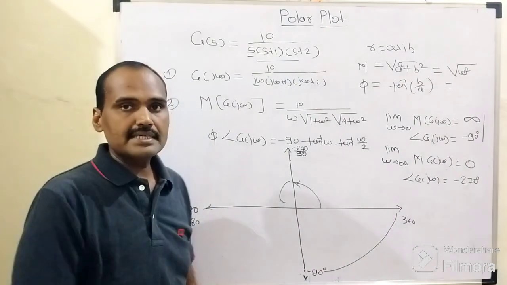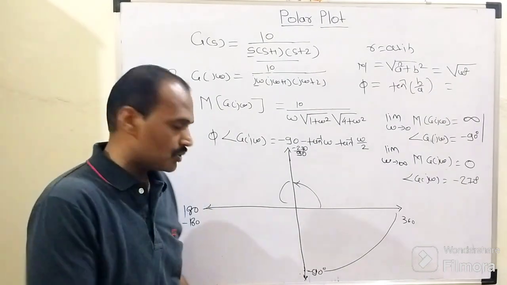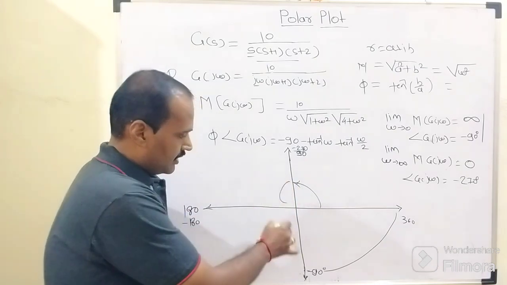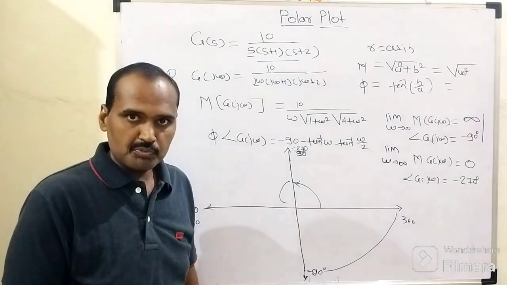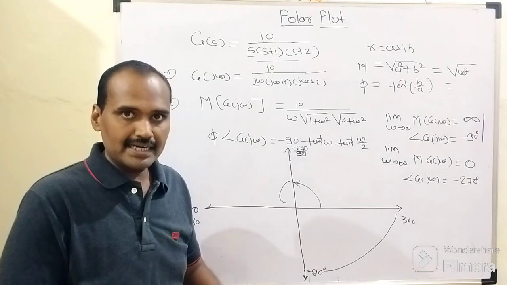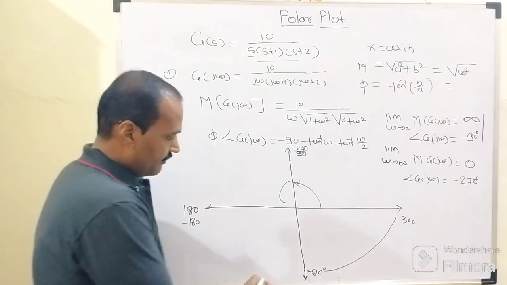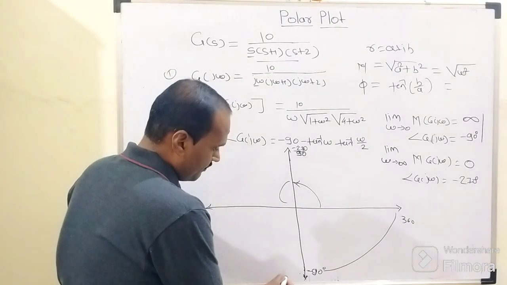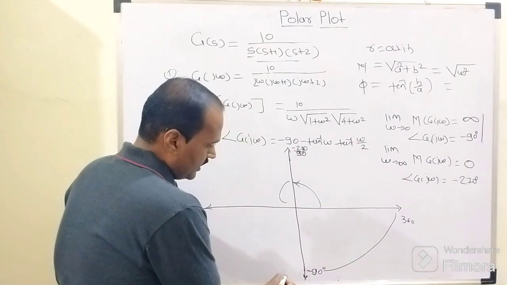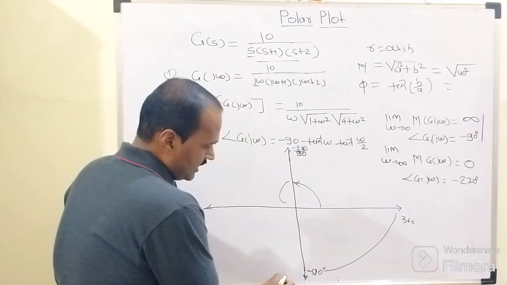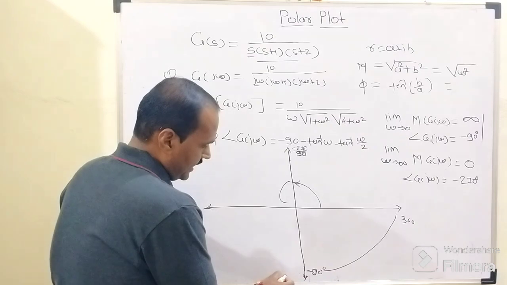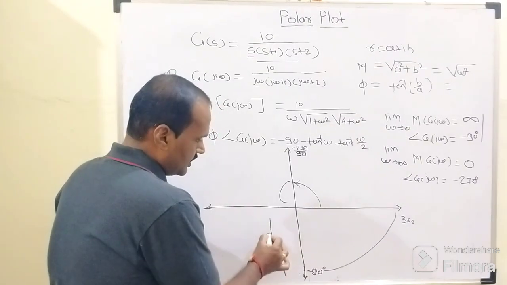But as we know, this is a type 1 order 3 system, so obviously the polar plot will exist in the left hand portion of this real and imaginary axis. At this point the polar plot will try to touch this minus 90 degree line, and it will go towards the origin like this.